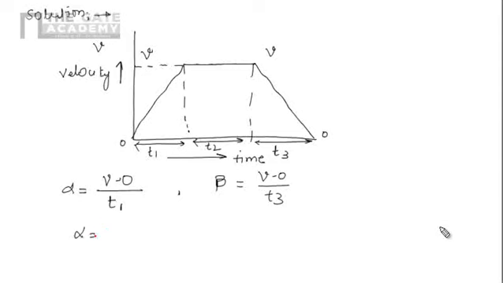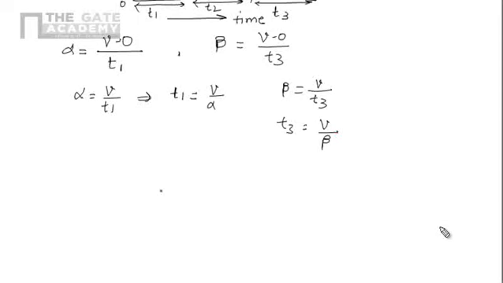So alpha is v by t1, so t1 will be v by alpha. Similarly for beta, beta equals v by t3, so t3 will be v by beta. So we have t1 equals v by alpha, t3 equals v by beta.